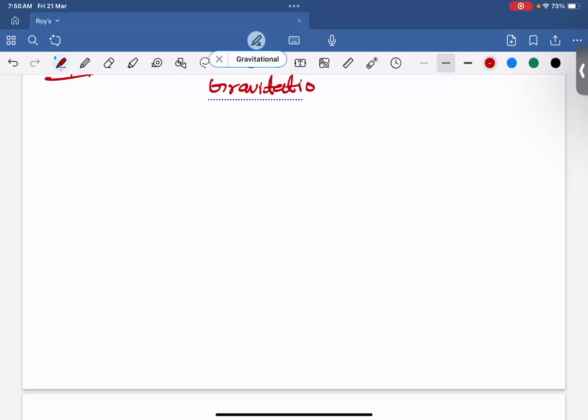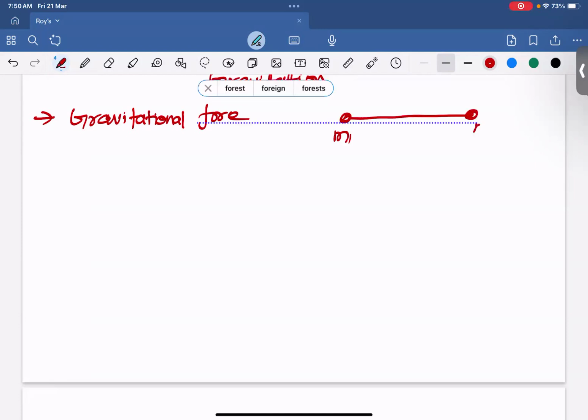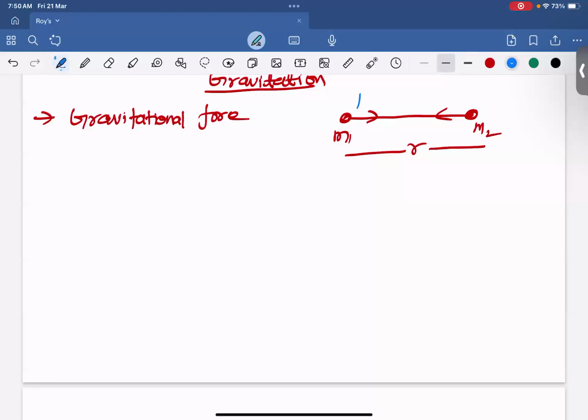ग्रेविटेशन, देखो ग्रेविटेशन चैप्टर में पहले तो कंसेप्ट है ग्रेविटेशनल फोर्स का। कोई भी दो पार्टिकल के बीच में, अगर एक पार्टिकल m1 है, दूसरा पार्टिकल m2 है, both will attract each other with the same force. Direction will be opposite, but the value is going to be same.